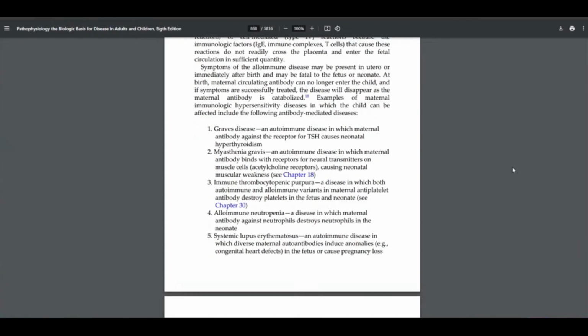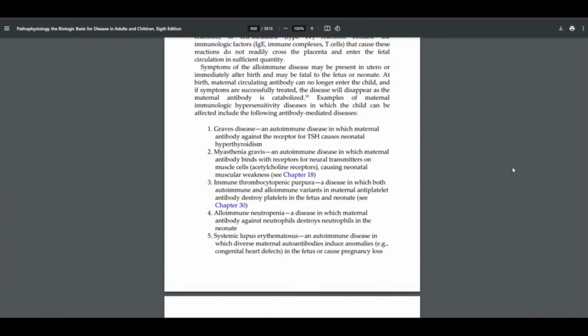Symptoms of alloimmune disease may be present in utero or immediately after birth and may be fatal to the fetus or neonate. At birth, maternal circulating antibody can no longer enter the child, and if symptoms are successfully treated, the disease will disappear as the maternal antibody is catabolized.